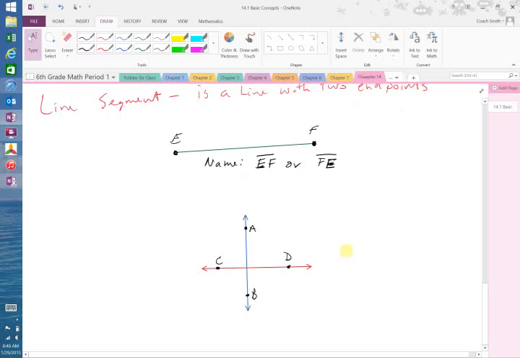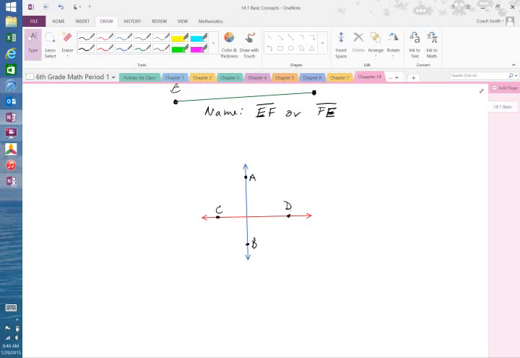I realize they could put any letters with these points that they want to, okay? So understand that. But here, those two lines intersect, forming 4 or 90 degrees or right angles, okay?